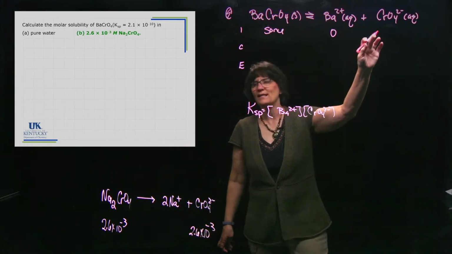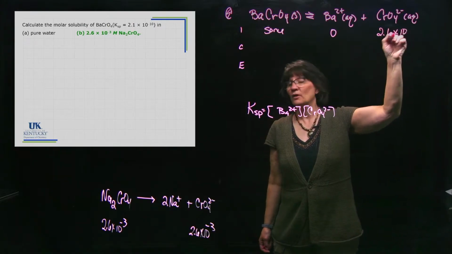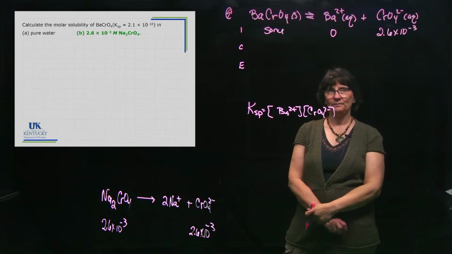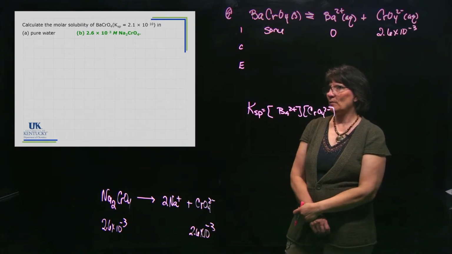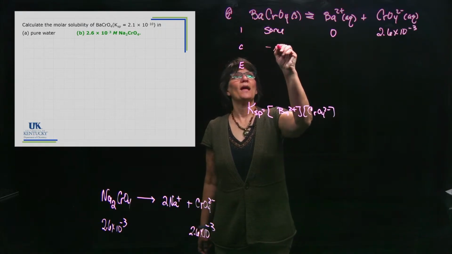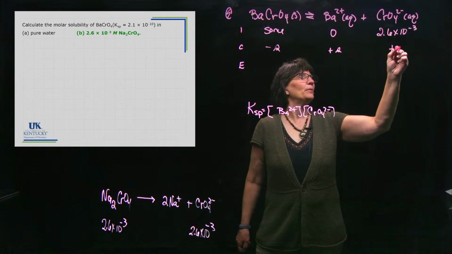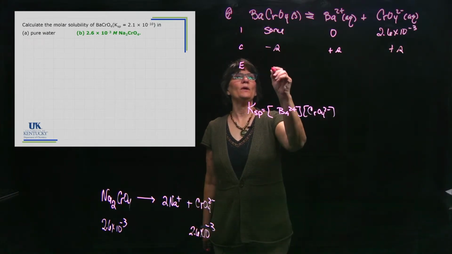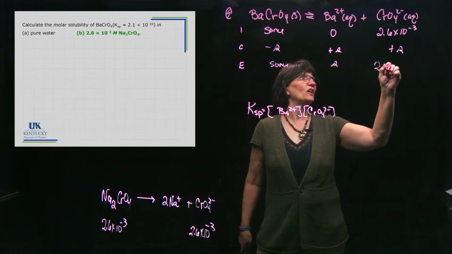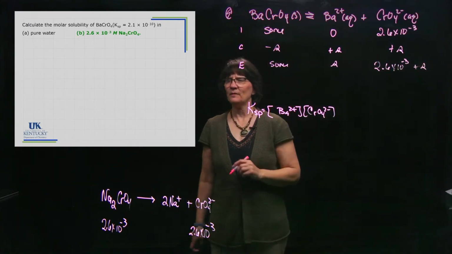So I'm going to place in this table, and this is where common ion problems show up. You put in how much is already there from that sodium chromate solution. And then your change line doesn't change. We have the minus S, the plus S, and the plus S. So then we have S, and we have 2.6 times 10 to the minus 3 plus S. Plug some information in here.